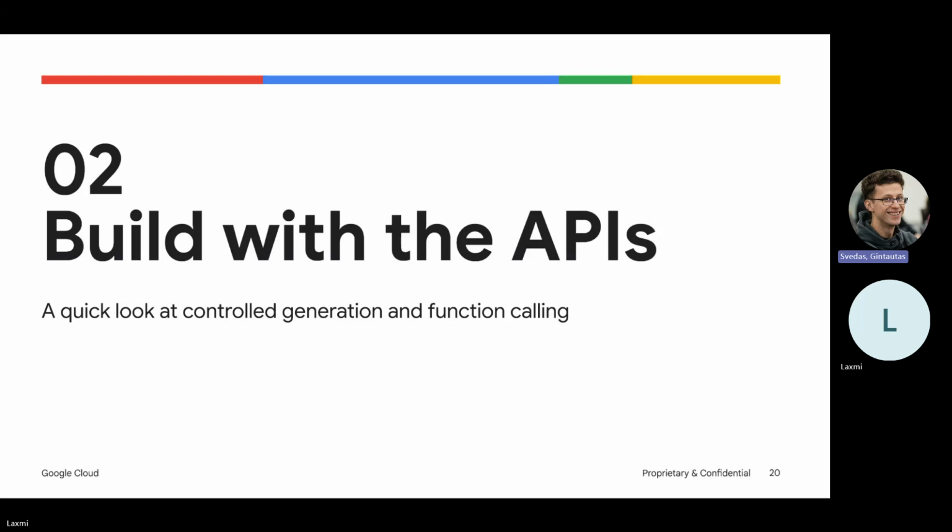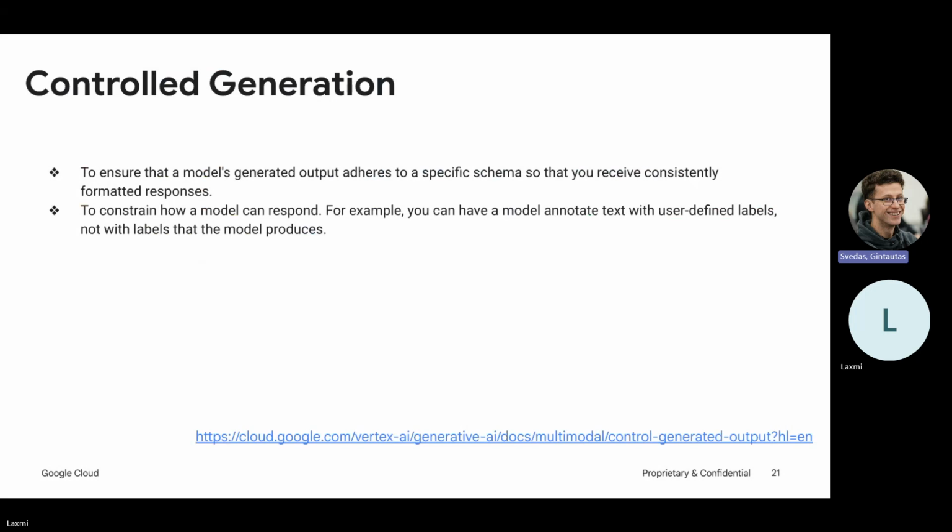Okay, with that done, let's get into two examples. When we develop an application, you have one part which is doing something with the generative AI model, but then you have downstream applications which use the output of this one. One of the challenges is the format, because you need to parse what is coming out of an LLM. This is where you could use controlled generation, so you could ensure that the output the models give sticks to a specific schema.